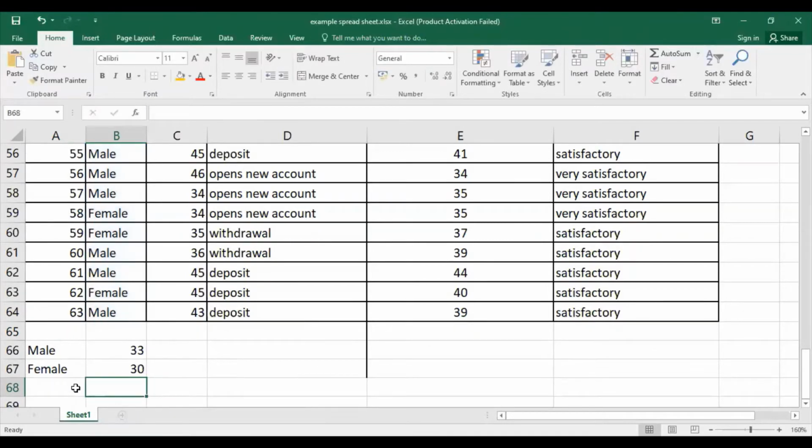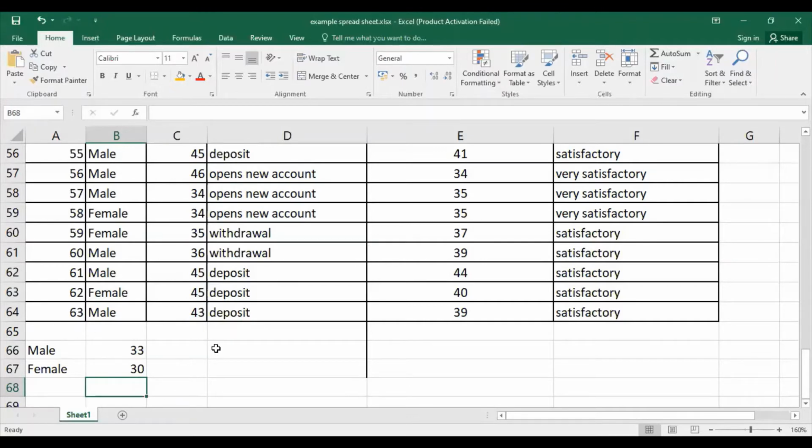Okay, and there are 30 female clients that were included in our sample, a total of 63 clients. So if we're going to add this one, 33 plus 30 is 63. There are 63 clients all in all.